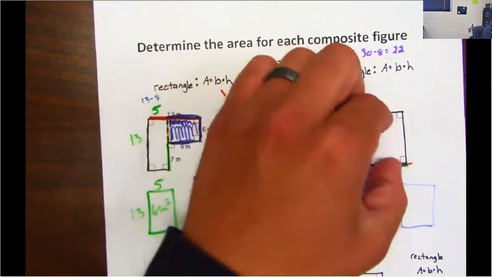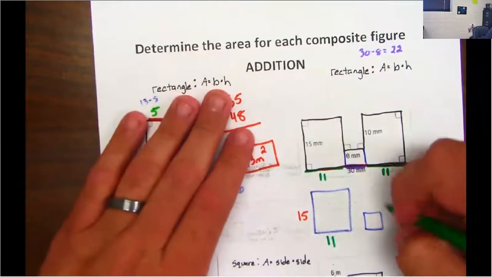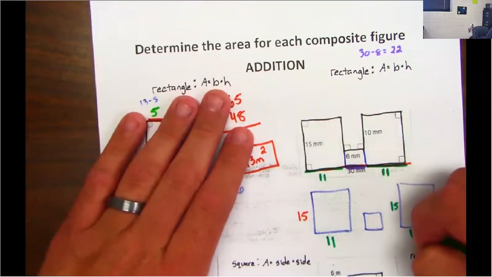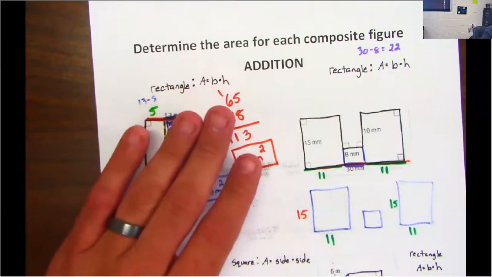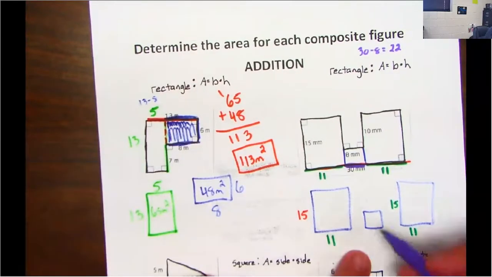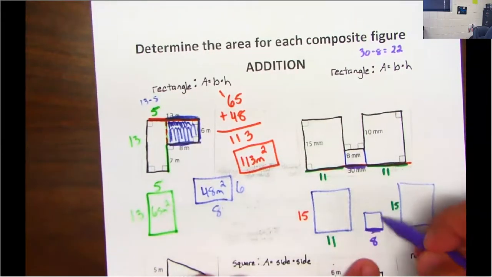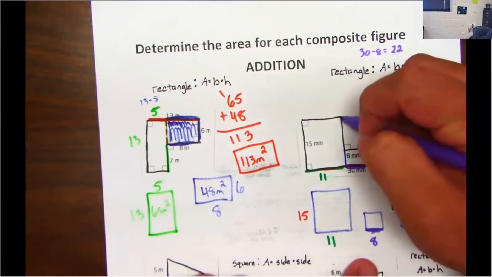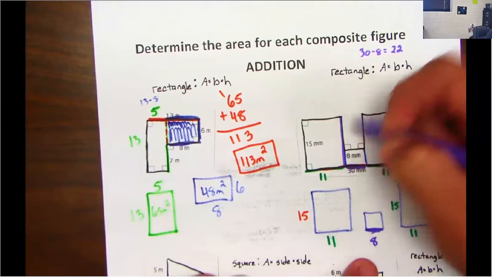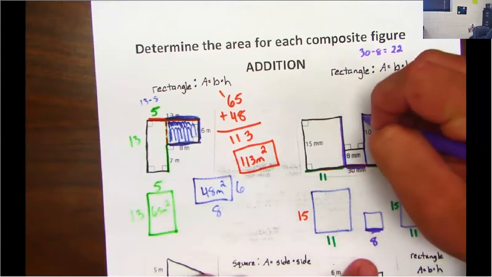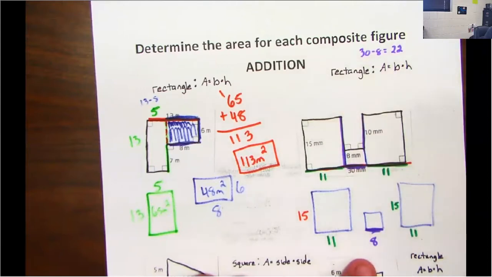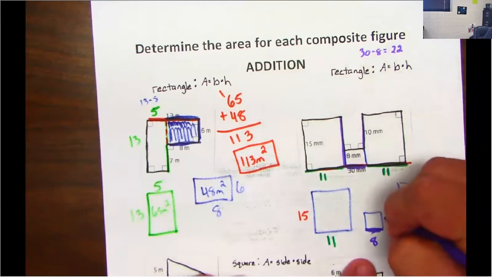Now, guys, these two shapes are exactly the same. So this is also 15 by 11. Now, some of you are wondering, well, what is this small one? Well, we know this piece right here is 8. But what is this side piece? Well, guys, if this entire side is 15, and I use 10 of it right here, what's 15 minus 10? 5.